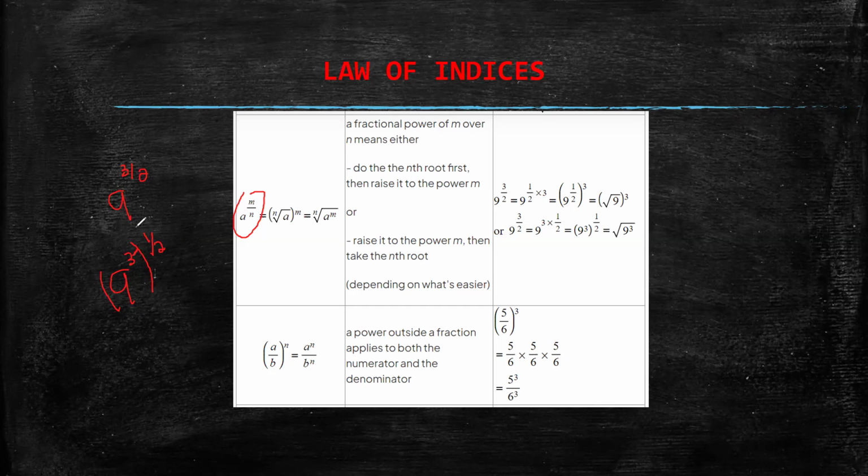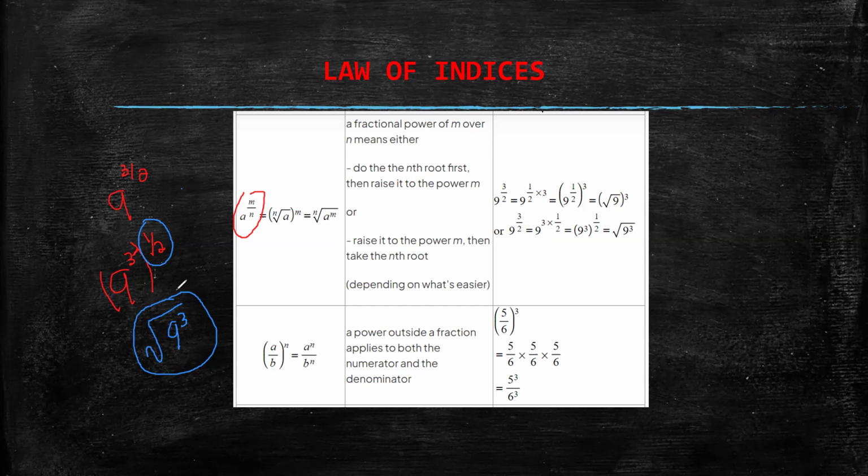And we know that the square root's power is 1 upon 2. So I can write it like this as well: root of 9 raised to the power 3. This is also a correct answer. You can simplify the number in this form as well. It depends on the question, what they are asking. Inshallah, in the next video, we will do some past paper questions. It will help you understand the concept more.